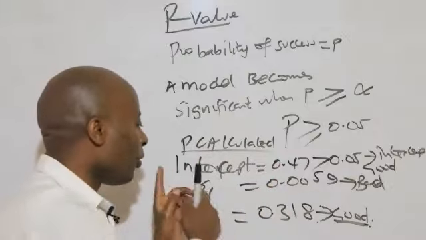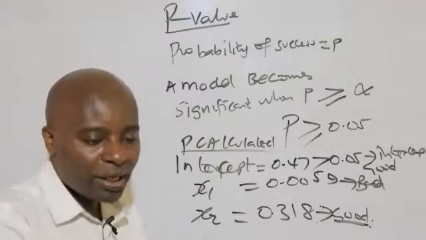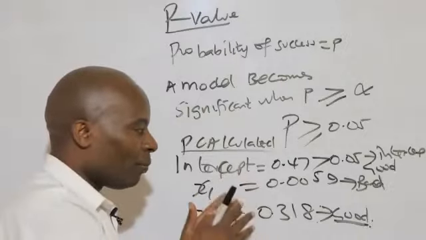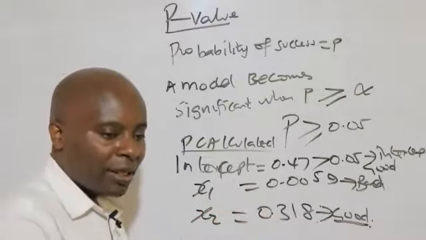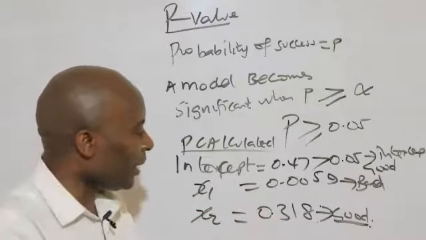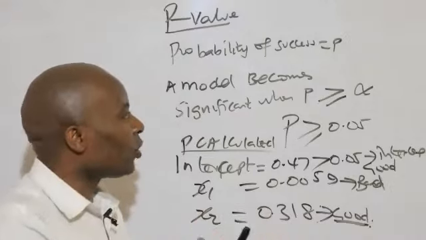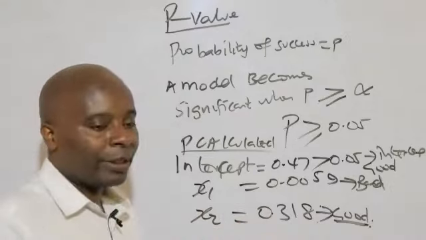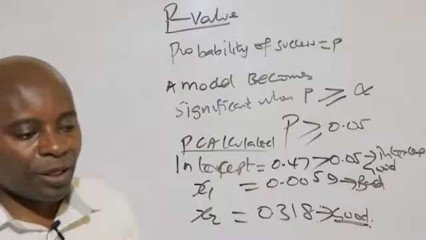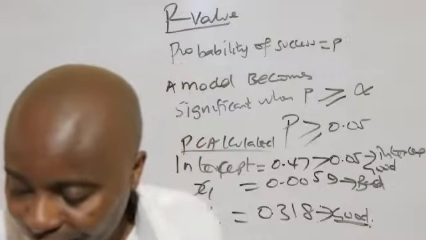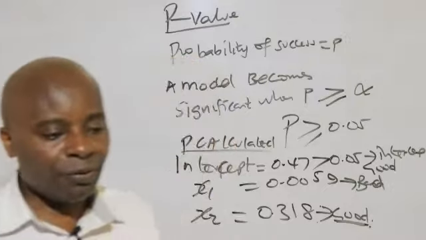Nevertheless, one of the variables is poor. That's the recommendation I give. One of the variables is insignificant. The model has a variable that is insignificant on the basis of the p-value.